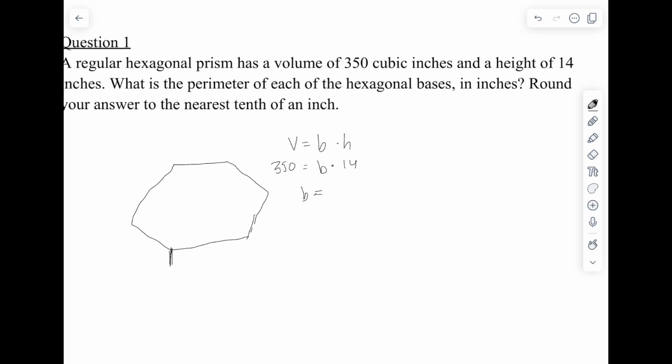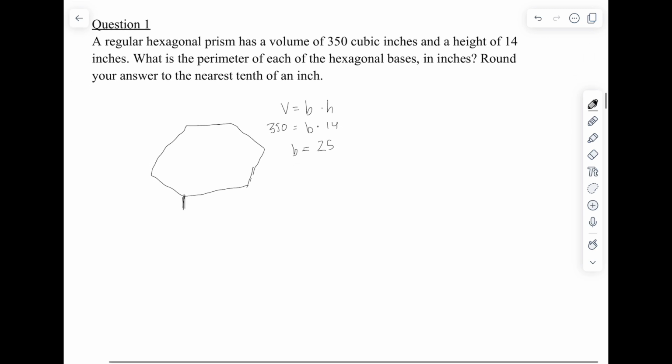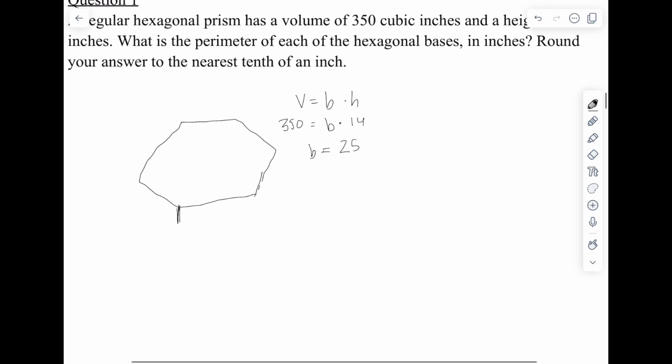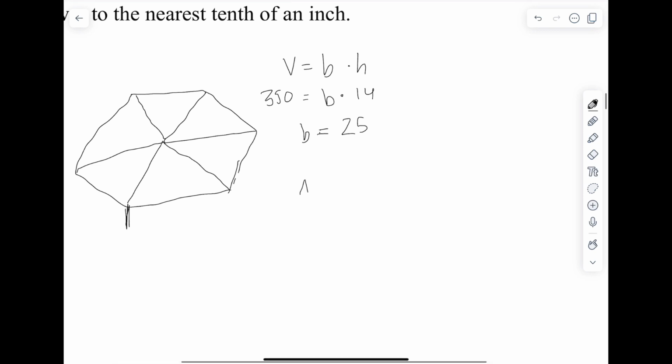So now the thing about hexagons is that they can actually be drawn into 6 equilateral triangles. So the area of each equilateral triangle in this case would be 25 over 6. Using this, we can now find the area of each triangle, which we'll do in a moment.